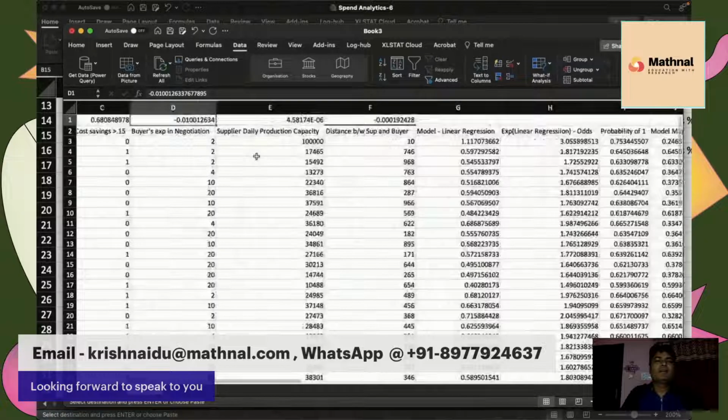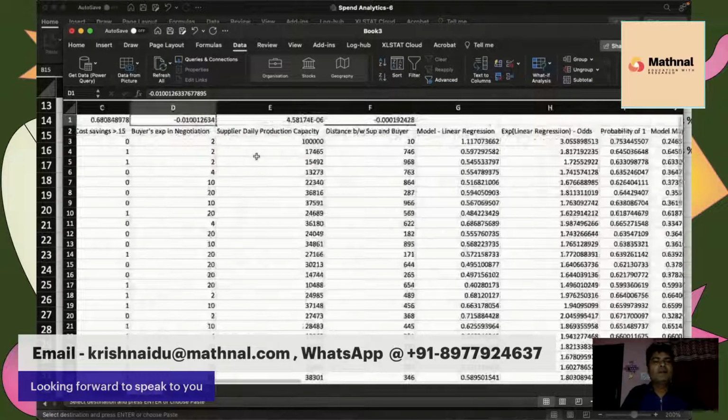Suppose if I make the supplier daily production capacity 1000, any impact? 0.375. If I increase to 10,000, see the probability of 1 is increasing and the probability of 0 is decreasing.